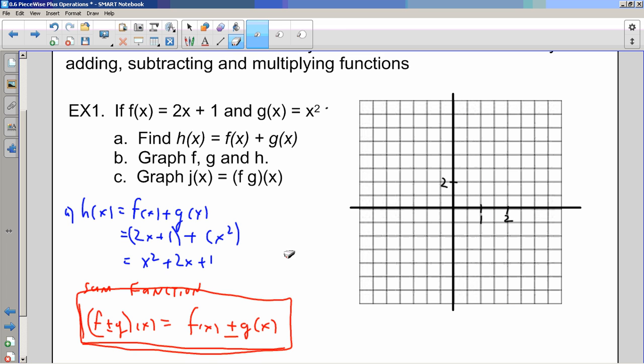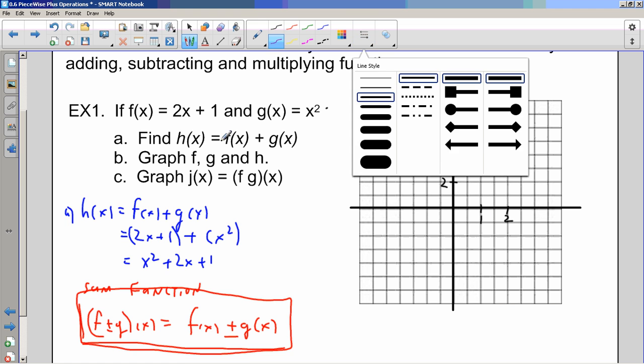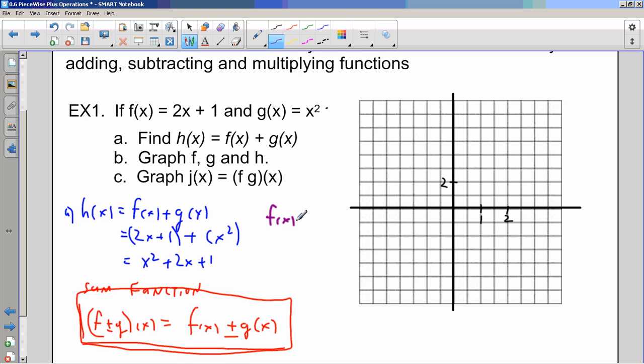In part B here, we want to graph the three functions. So I'm going to graph them. f at x is 2x plus 1, which is a line with slope 2 over 1. The y-intercept is 1. Watch my scale here. Notice that I'm letting each tick in the direction of x be a half, and each tick in the direction of y be 2.